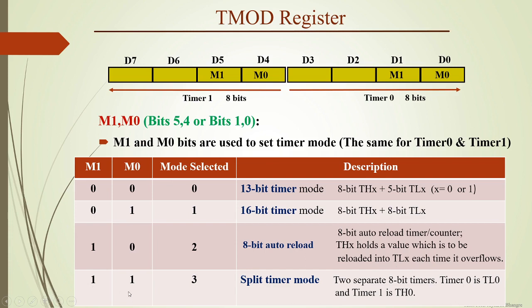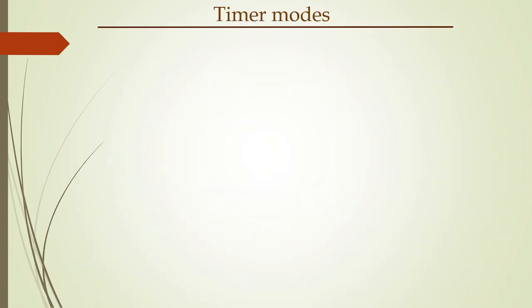When M1 and M0 are both 1, mode 3 is selected, that is the split timer mode, where two separate 8-bit timers, TL0 and TH0, are selected.